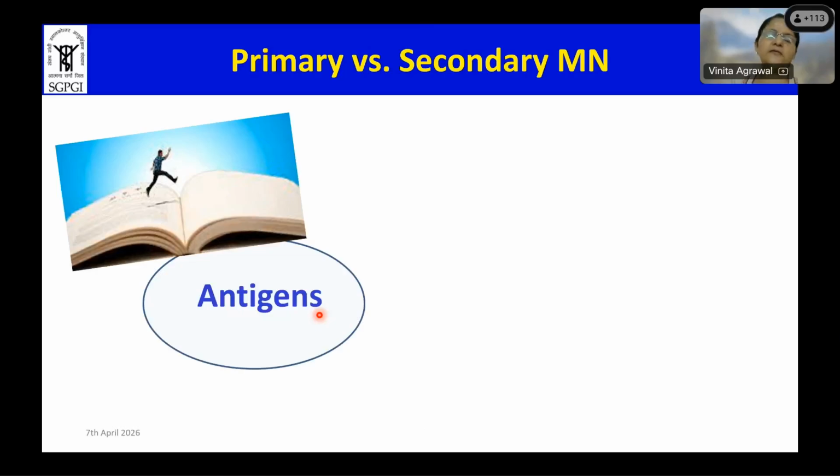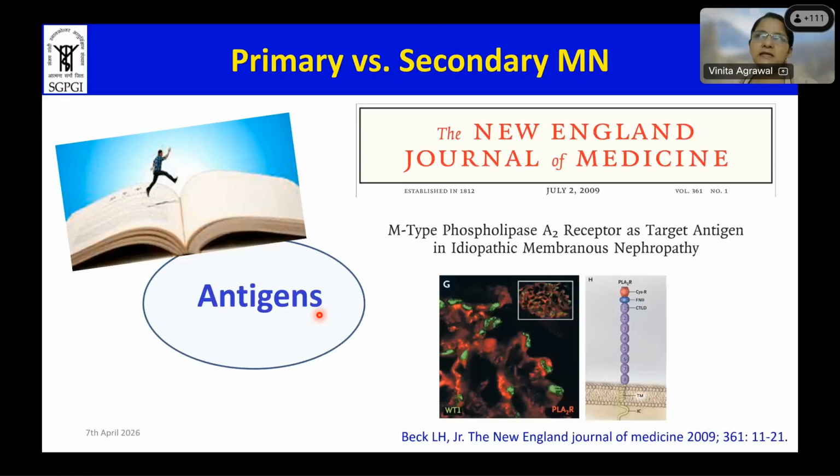So, let me talk about membranous nephropathy further. Initially, about 20 years back, we were just saying it is primary versus secondary membranous. For example, lupus has secondary membranous nephropathy. But now we have a lot of antigens which we look at. So there is a major leap in looking at membranous nephropathy. And this was in 2009, when the first PLA2R antibody was discovered.